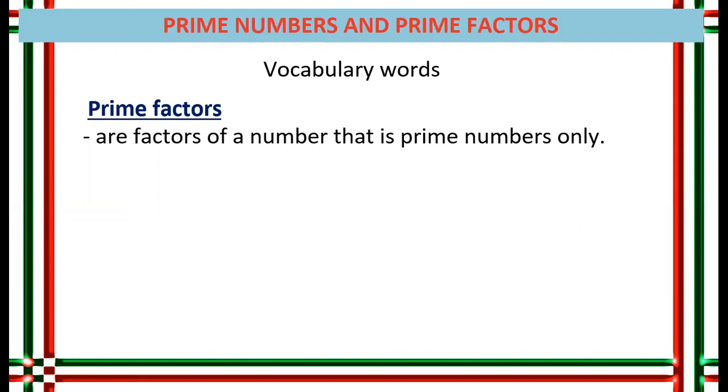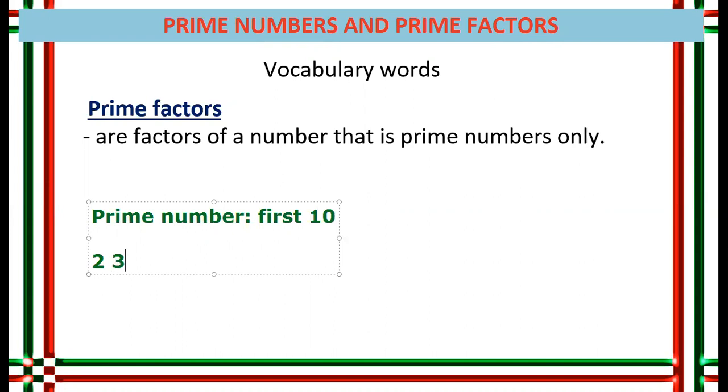So do you remember again the prime numbers? You should know the prime numbers. So let's recall our prime numbers. We can just write the first 10 prime numbers. So remember that 1 is not a prime number, isn't it?